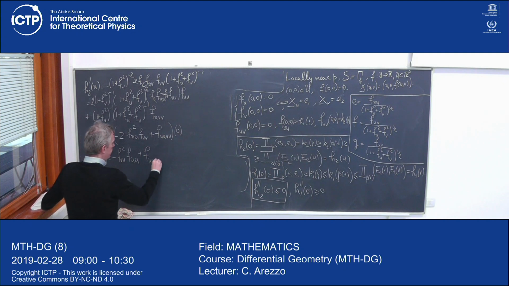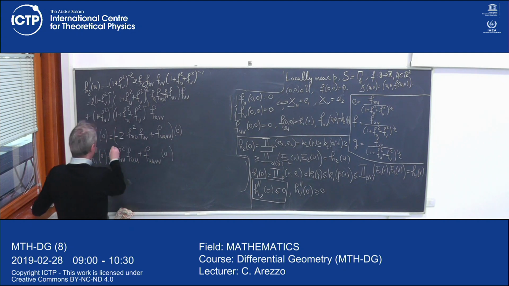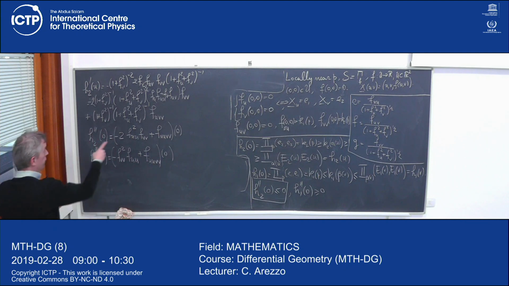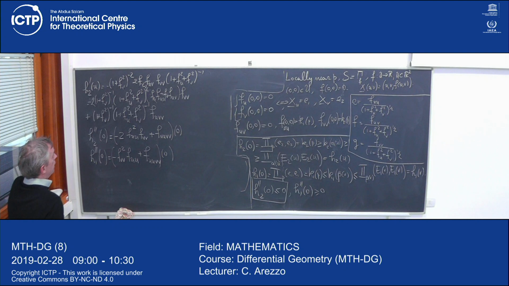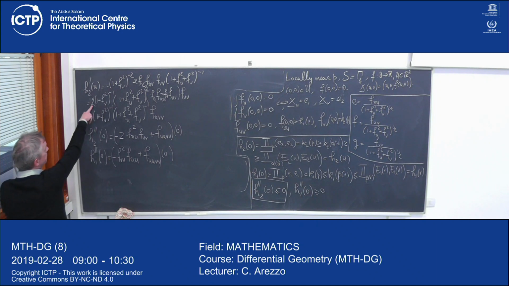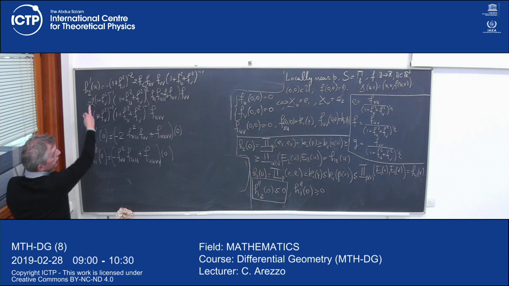FUU VV at 0. Okay, so now let me think for a moment where these 2 came from. Of course, these 2 came from there. So why was there this 2 here? Because I erased the formula, of course, so this was the derivative of FU.